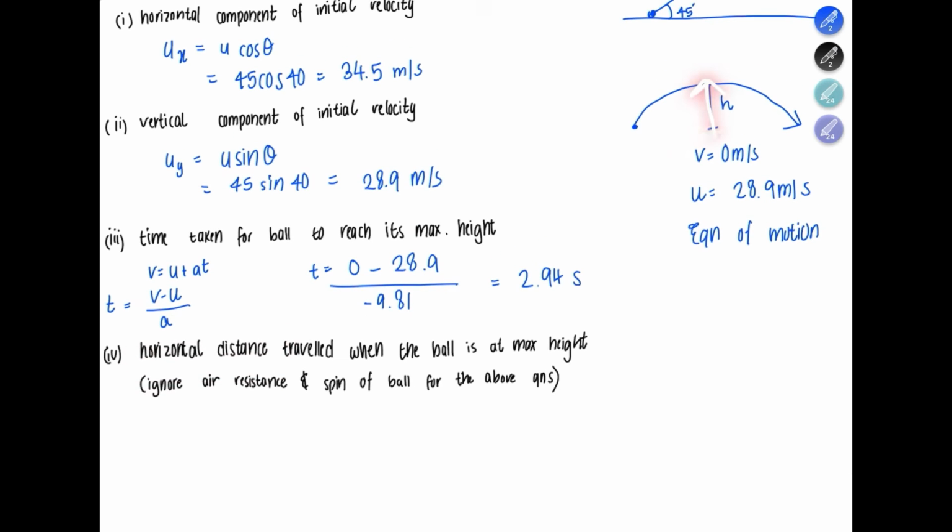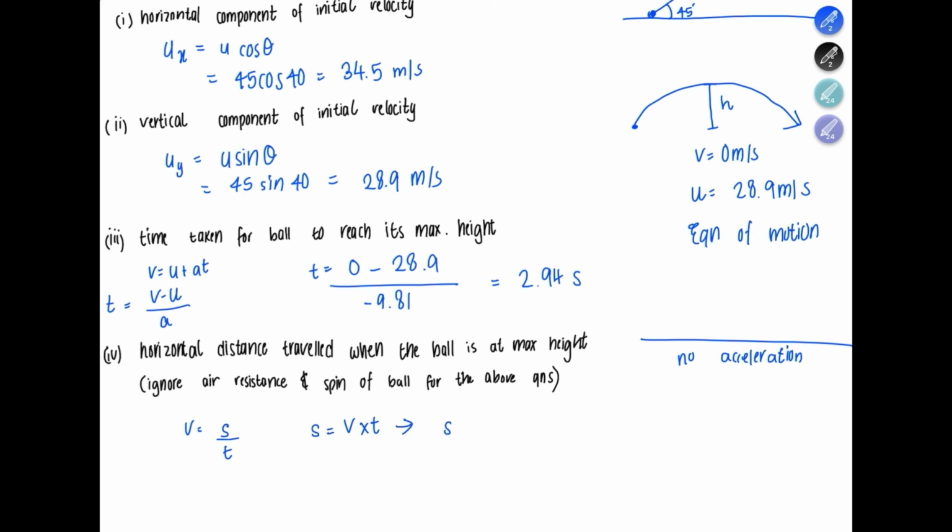Now we're going to talk about the horizontal distance traveled when the ball reached the maximum height. So first you calculated this height, right? The maximum height. Now you need to find the horizontal distance traveled. Remember, in horizontal distance, there is no acceleration, okay? So you can simply use the regular equation. So s equals v multiplied by t. It's even better to write u, because v is final velocity for us, right? We're considering u.